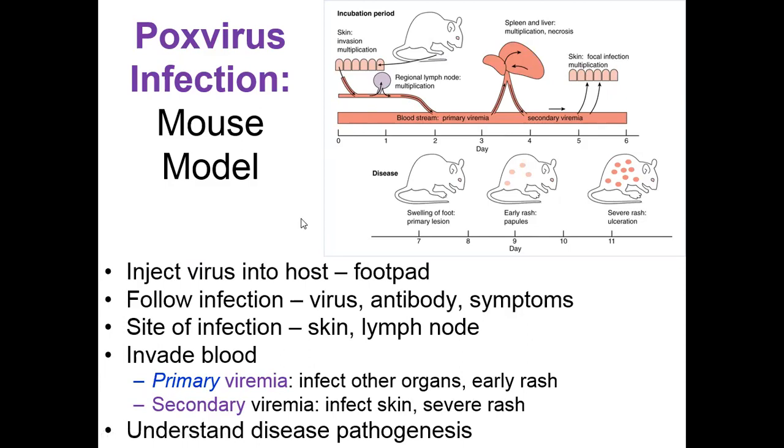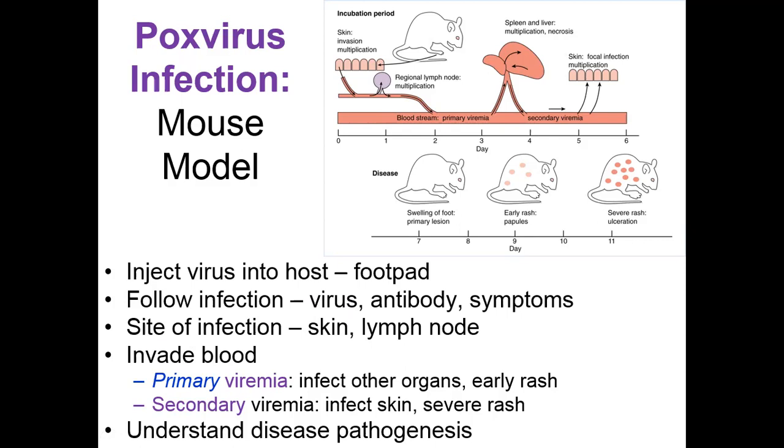As we've mentioned earlier, there would be a lag period or incubation period where the virus needs to successfully gain entry and, due to its tropism, go to the tissue where it can cause infection.